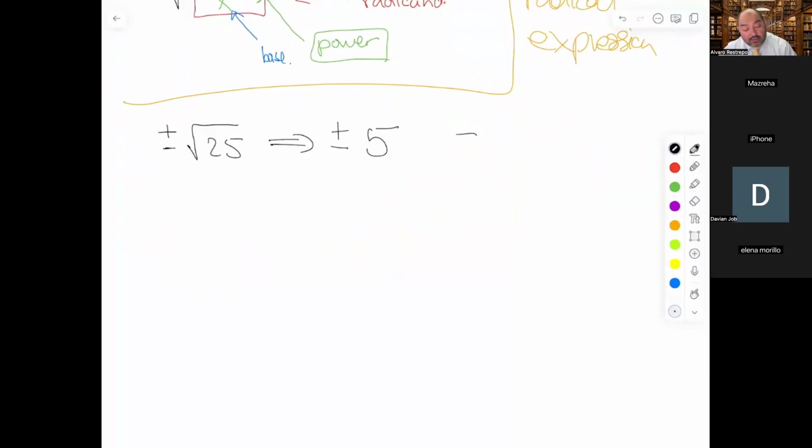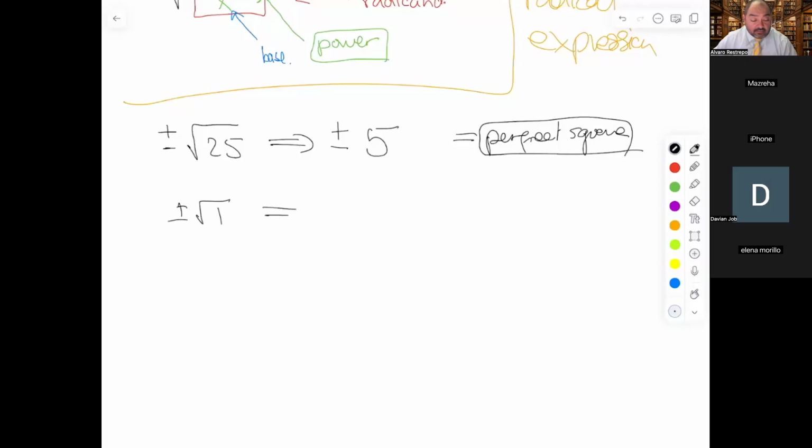This is what we call a perfect square. And we know it's a perfect square because perfect squares are, for instance, the square root of 1, positive, negative 1. Square root of 4, positive, negative.